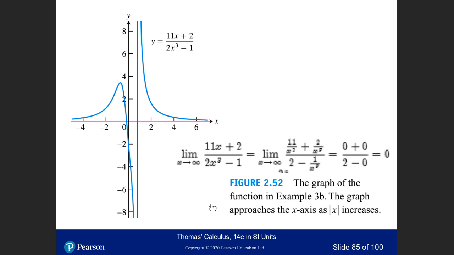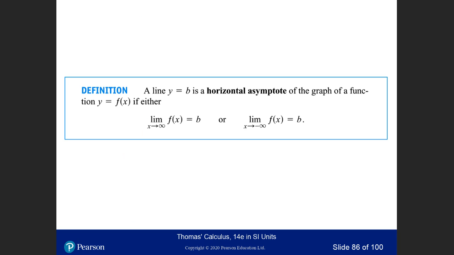Now we give a special name to these lines. The line y equals b is a horizontal asymptote of the graph of the function y equals f of x if either the limit as x goes to infinity of f of x is b, or the limit as x goes to minus infinity is b.